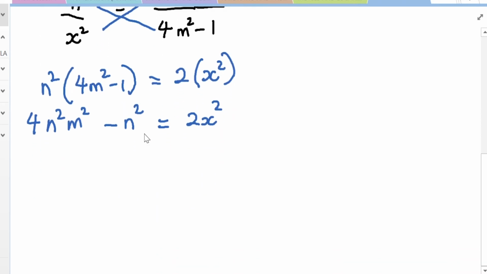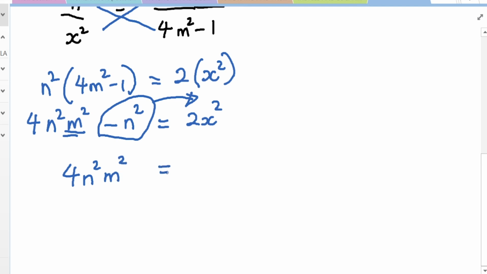So from here, remember we are interested in making m stay on its own side. So let's remove this, bring it that way. When we do so, we remain with 4n squared m squared is giving us 2x squared plus n squared.